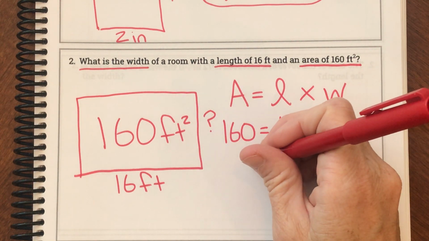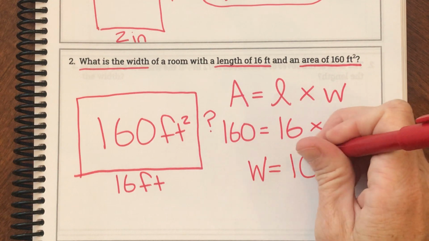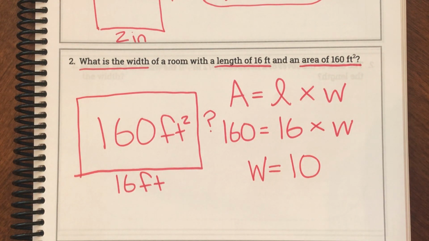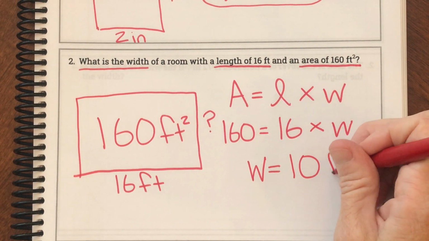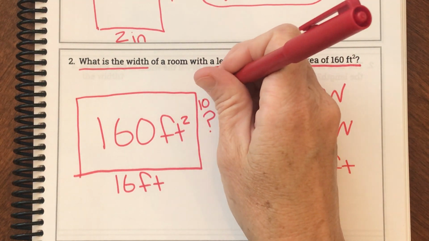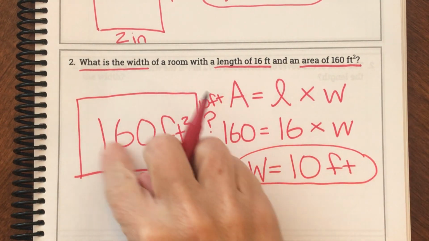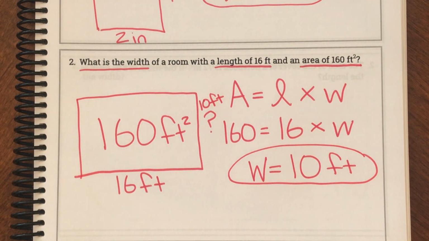Hopefully you are thinking 10. 16 times 10 gives me 160. But what's my measurement? It's feet. And the length and the width are not squared. So it's just 10 feet. Only the area is squared.